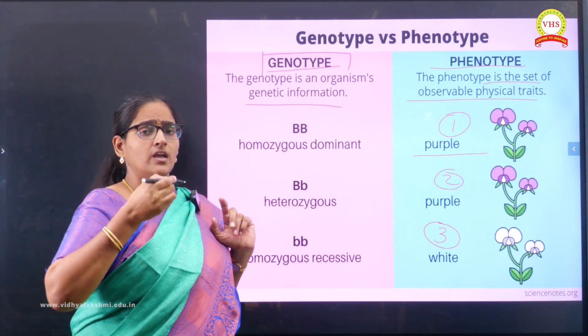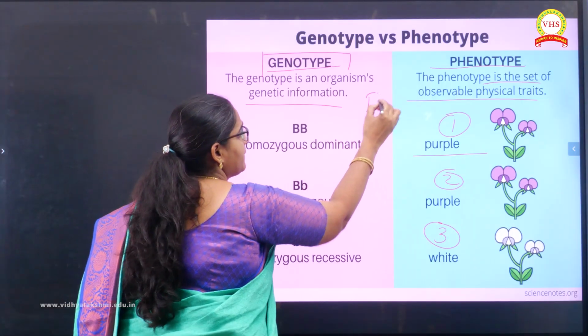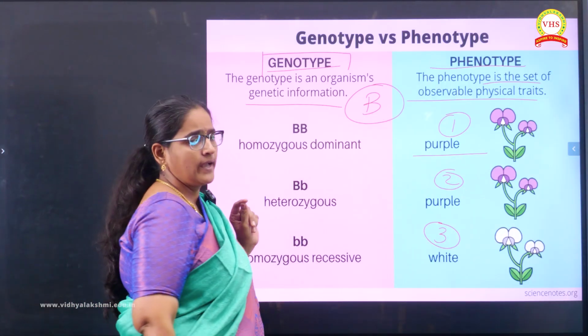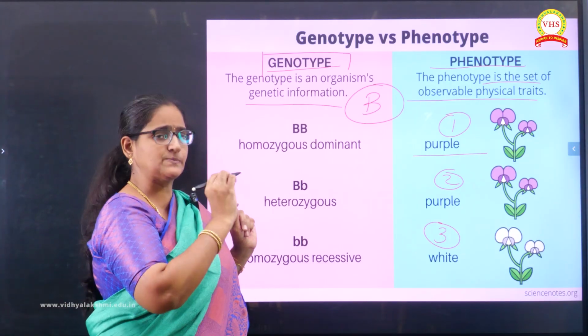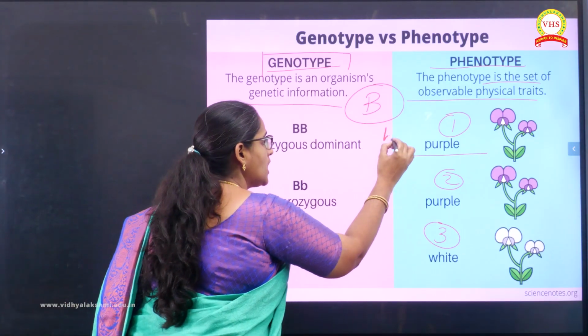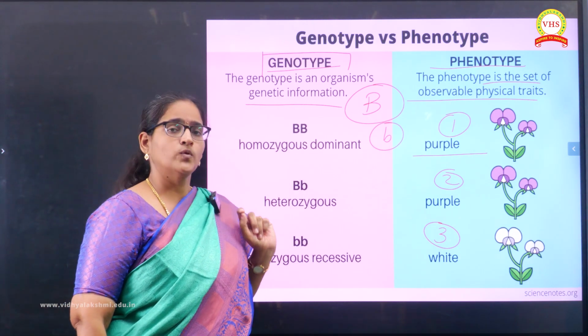But when we are giving the genetic composition, in case capital B is the allele responsible for the dominant color called purple, and small b is responsible for the recessive color called white.